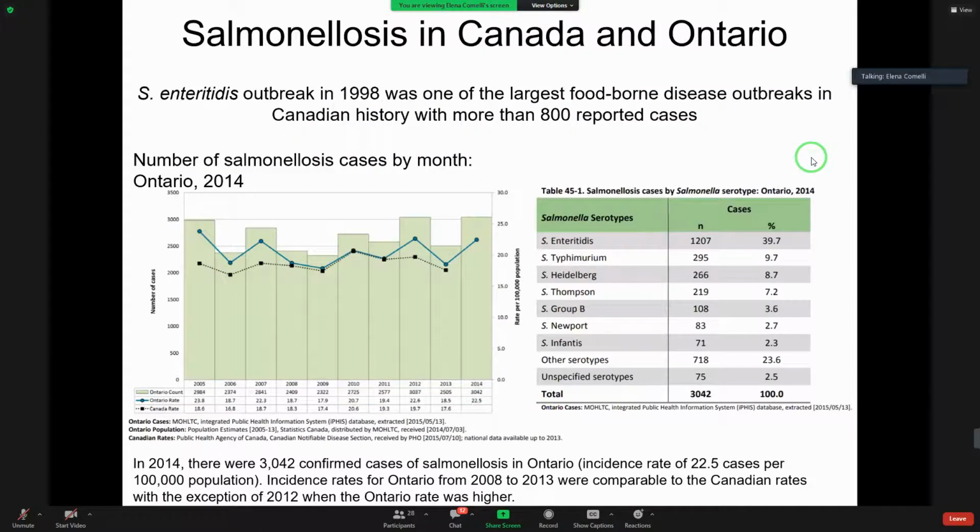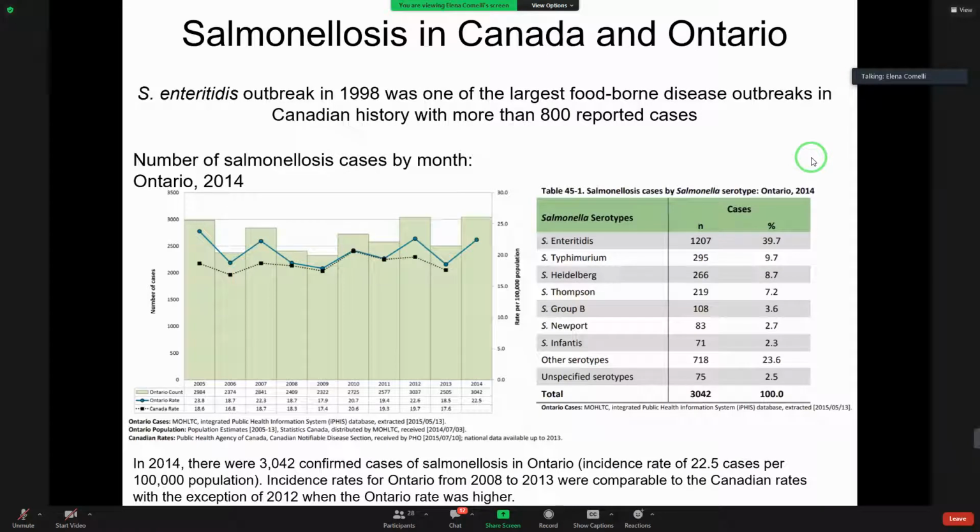In Canada, in 1998, there was an outbreak of Salmonella enteritidis, which still remains one of the largest foodborne disease outbreaks in Canadian history. There were more than 800 reported cases, and the cause, I think, was down to packed lunches.